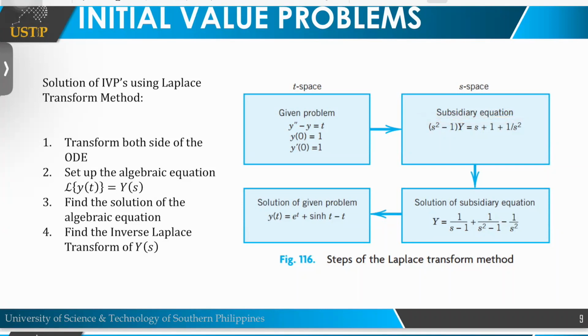So, we set up the algebraic equation, the one we got earlier, Laplace of y. So, it can be Laplace of y, or it can also be denoted as big letter Y, Y of S. Our notation is that a capital letter in the S domain is the Laplace transform. If it is a small letter, it is in the T domain, or its original function.